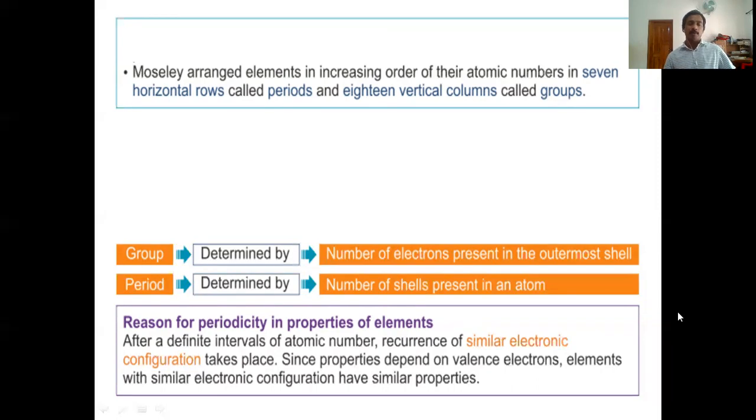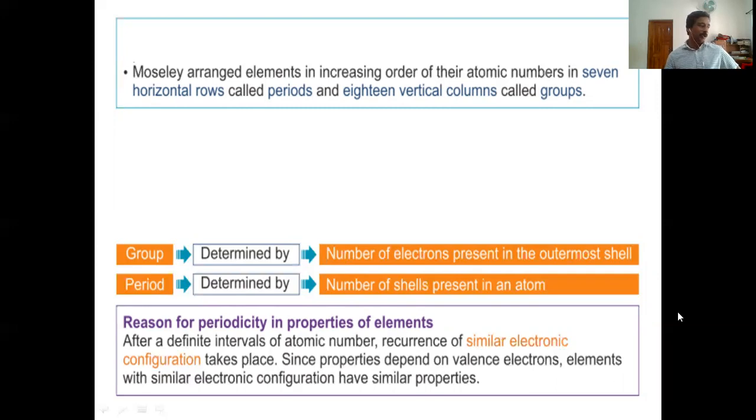Now what is a group? Vertical column. What is a period? Horizontal row. Then how will you determine group of an element? If you know the atomic number, you can write the electronic configuration, and number of electrons present in the outermost shell determines the group.